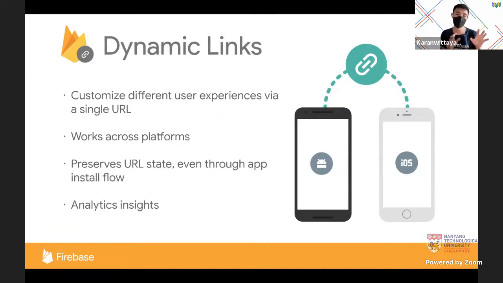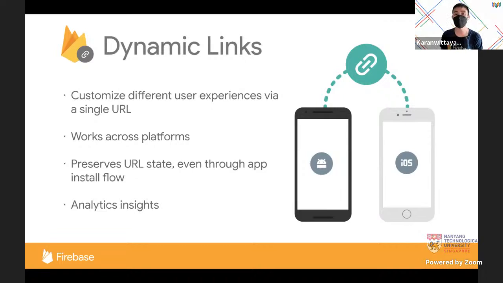They can separate the environment that people open, like Android or iOS, and they can check whether the user already has the application or not. If not, they will redirect the people to the store to install the application. And if the user already has the application, they will help your user open the application with the specific screen that you want.